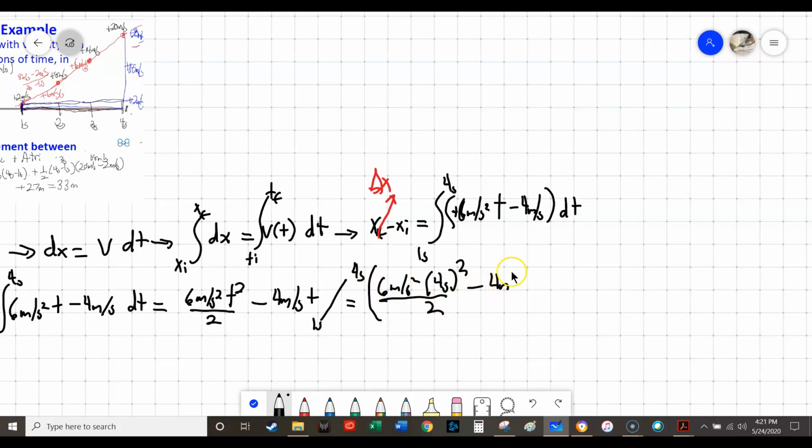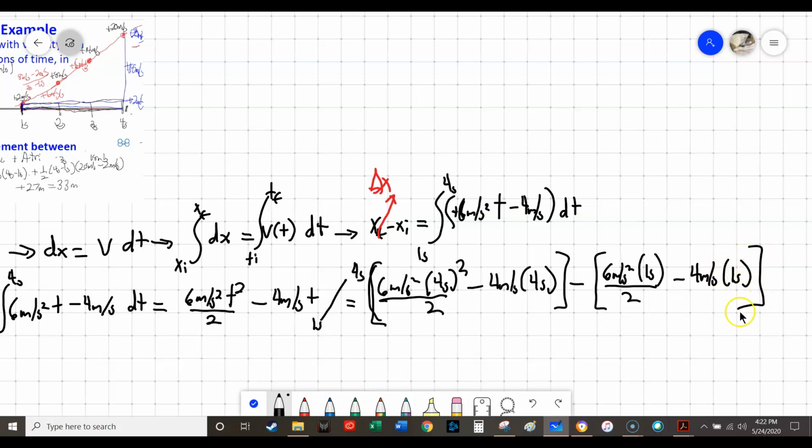Minus 4 meters per second times 4 seconds. Okay, and this is our 4 seconds mark. And now we're going to put in our 1 second mark, our lower part of our limits, which is going to be 6 meters per second squared times 1 second divided by 2 minus 4 meters per second times 1 second. Okay.